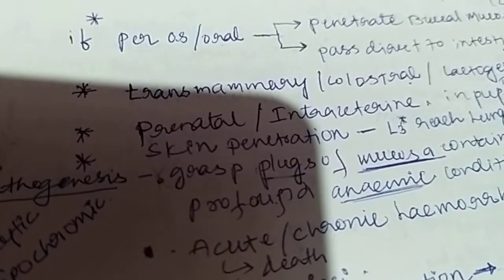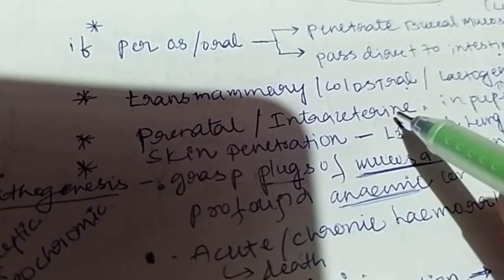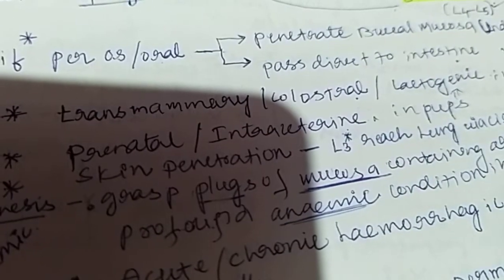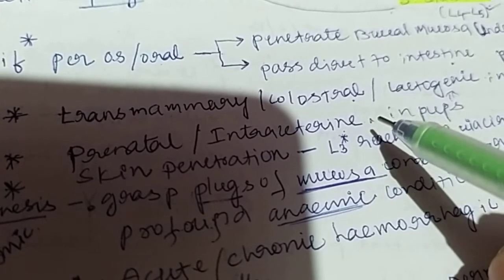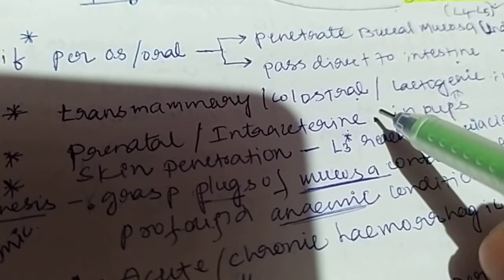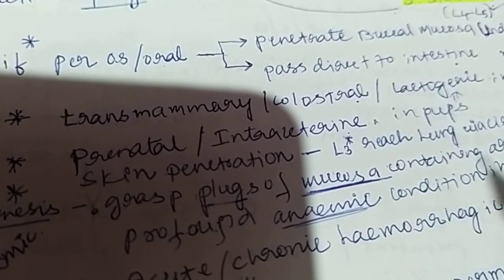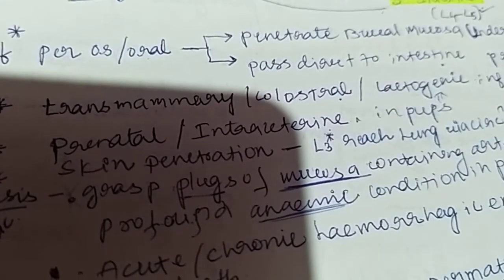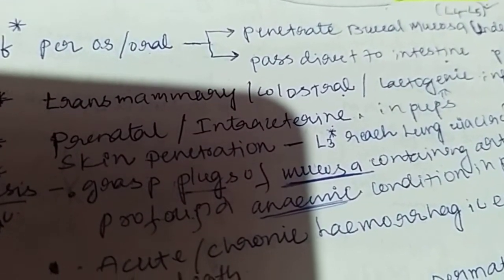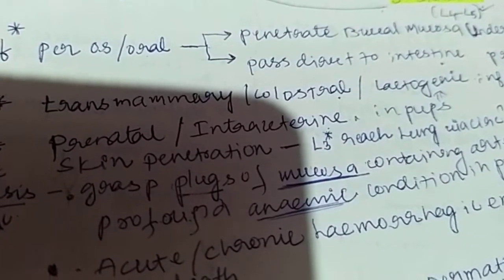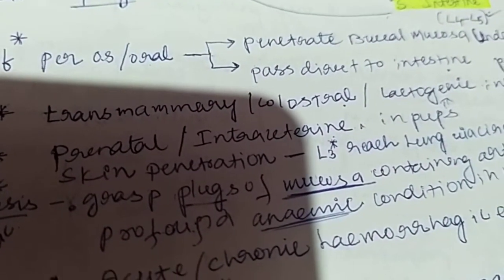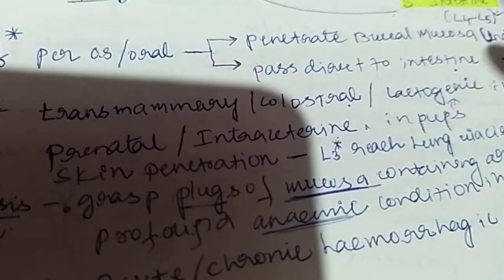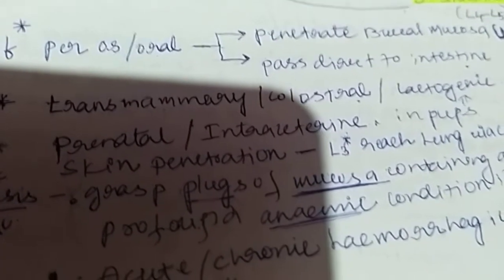And another route is prenatal or intrauterine, and in this condition the infection goes to the baby before its birth. That means in the late pregnancy of the bitch, the larva will activate, then it will migrate to the baby which is present in the uterus.